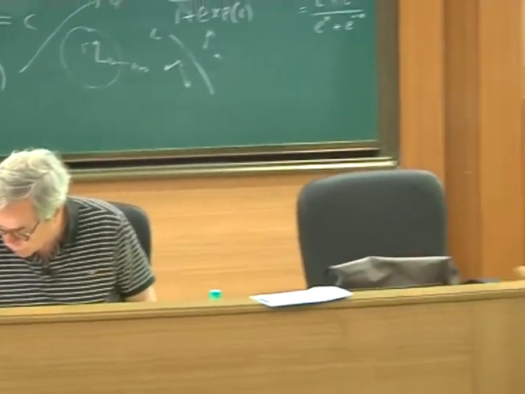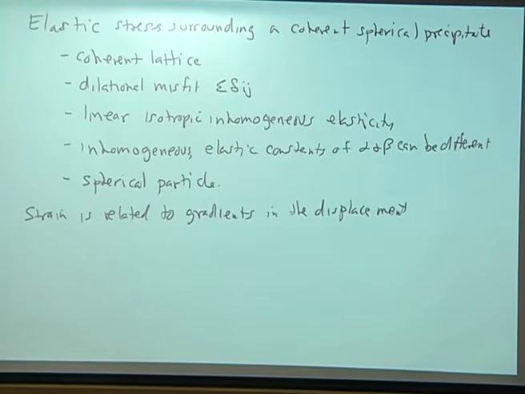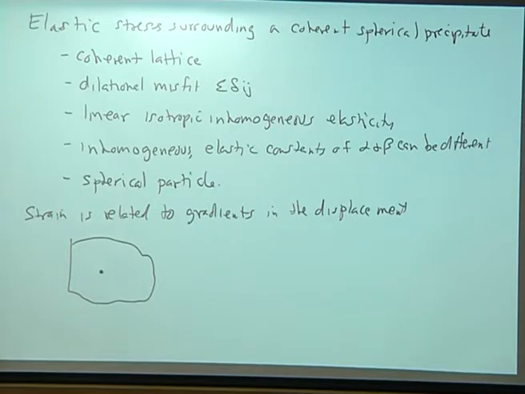Okay, so strain is related to stress, to displacement. I'm sorry, to gradients in the displacement. So if you have some body and you have a point here and you put it under stress, it will move.